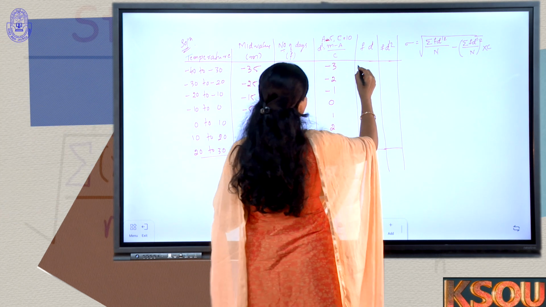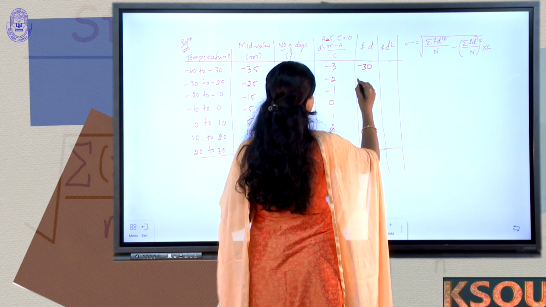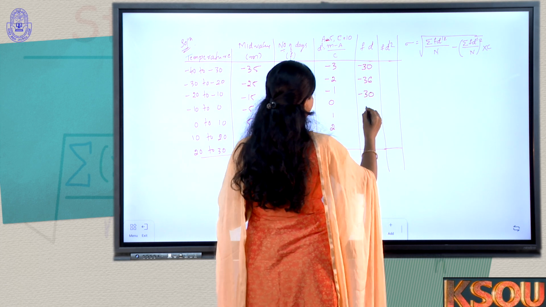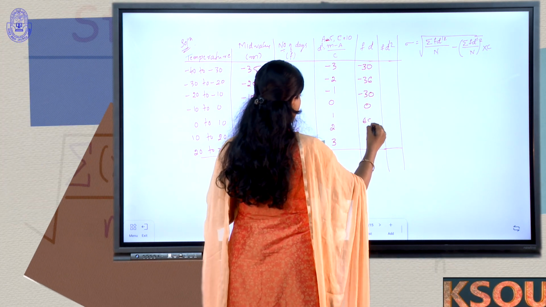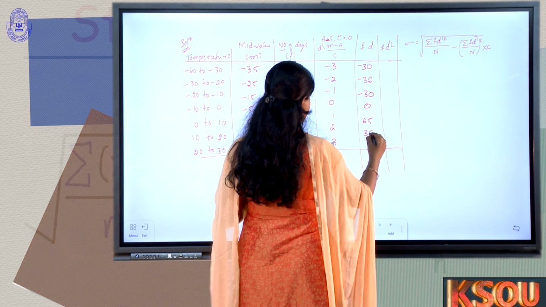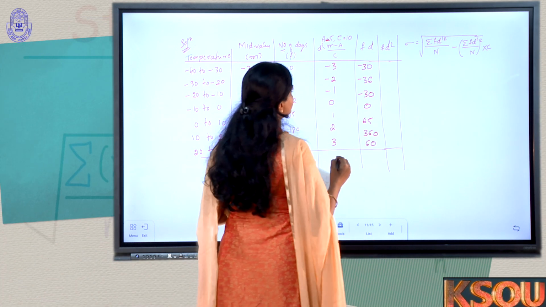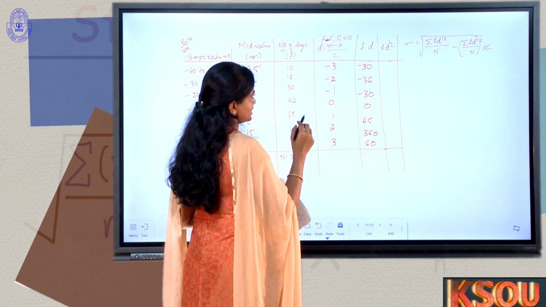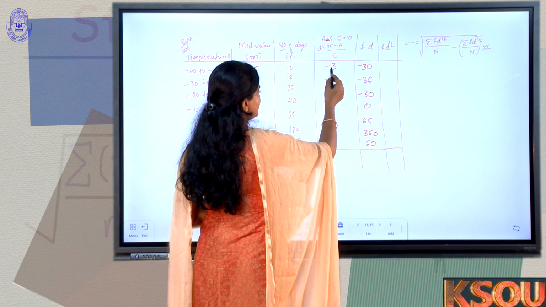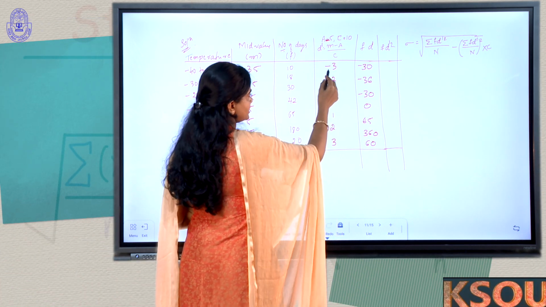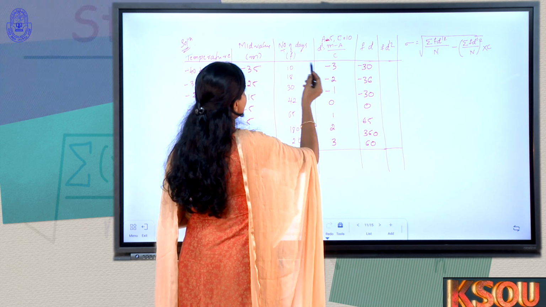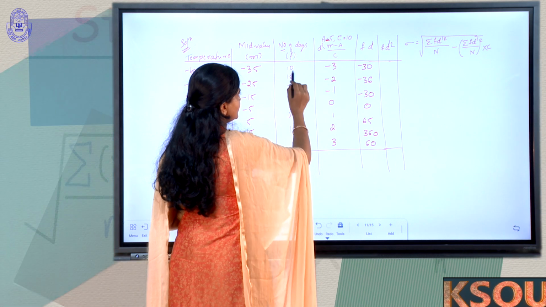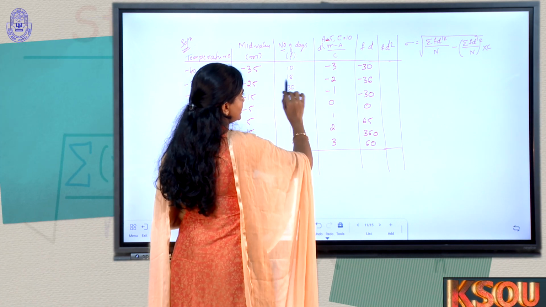After calculation of d dash, you can calculate f into d dash. For the first one it is minus 30, for the second one minus 36, then minus 30, 0, 65, 360 and 60. Then you will have to calculate fd dash square. For that, you will have to multiply the d dash value two times, that is minus 3 into minus 3, then multiply by f value 10, minus 3 into minus 3 into 10, minus 2 into minus 2 into 18, like this.